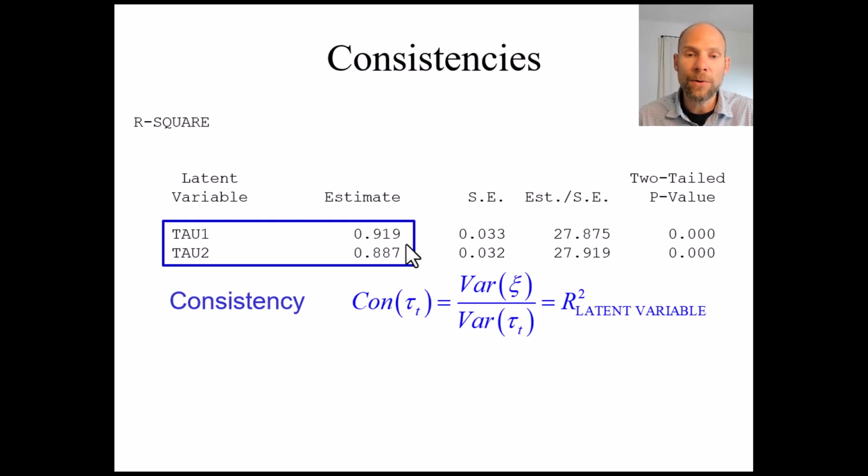So that gives you consistency for the latent variables. Again, that's practical because then you don't have to calculate that by hand. You can just simply look at the R squared for the latent variable, and then that gives you the consistency. The consistency is the proportion of variance in the first order factors that is explained by the second order trait factor.